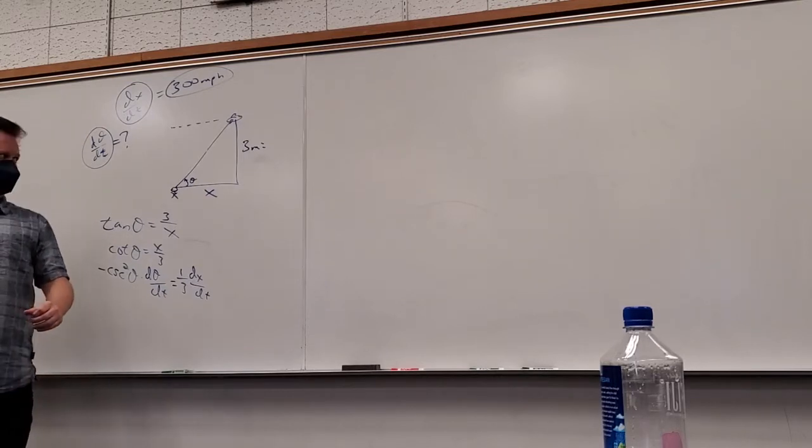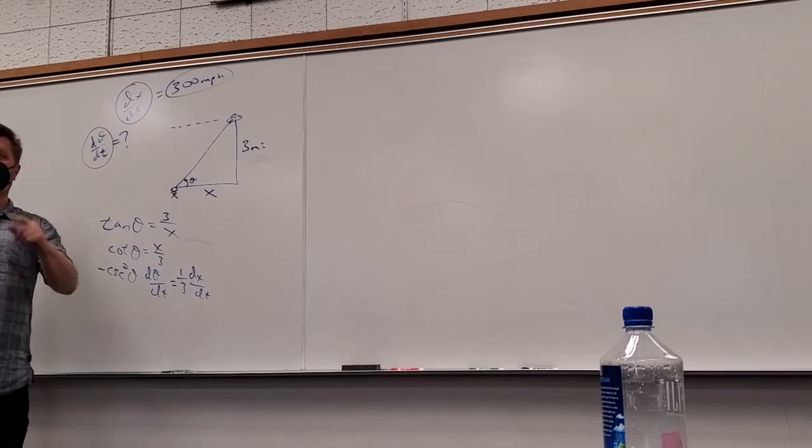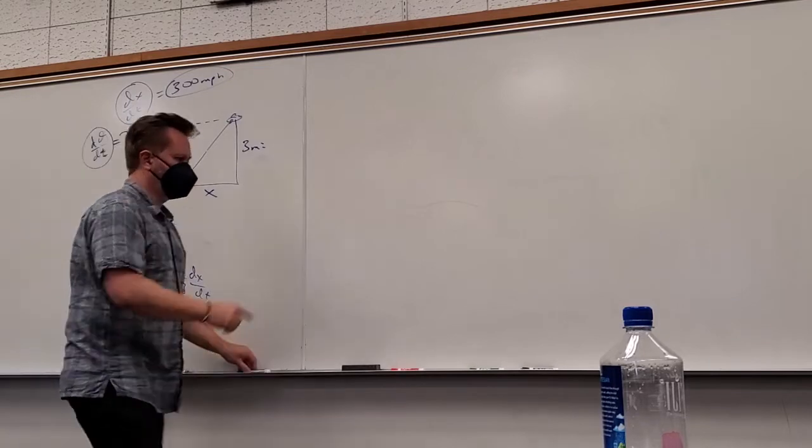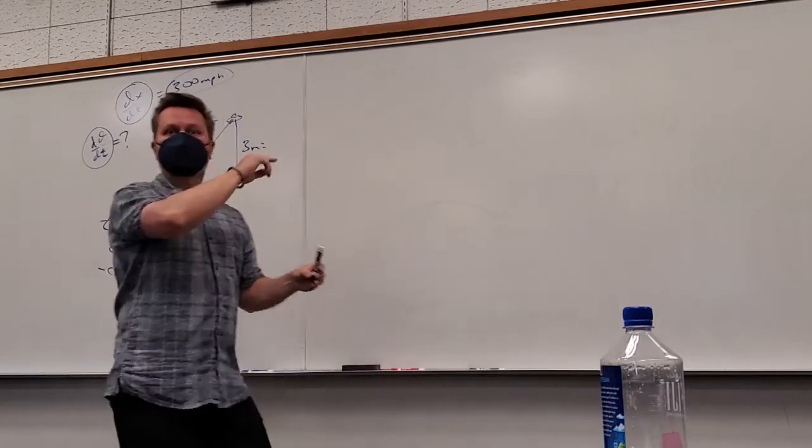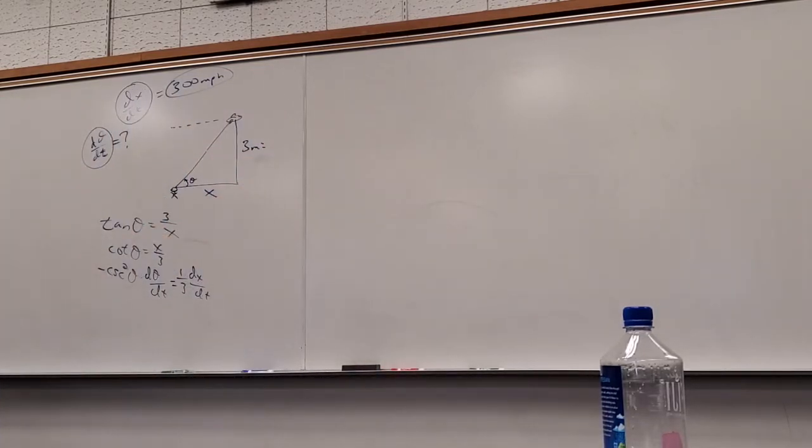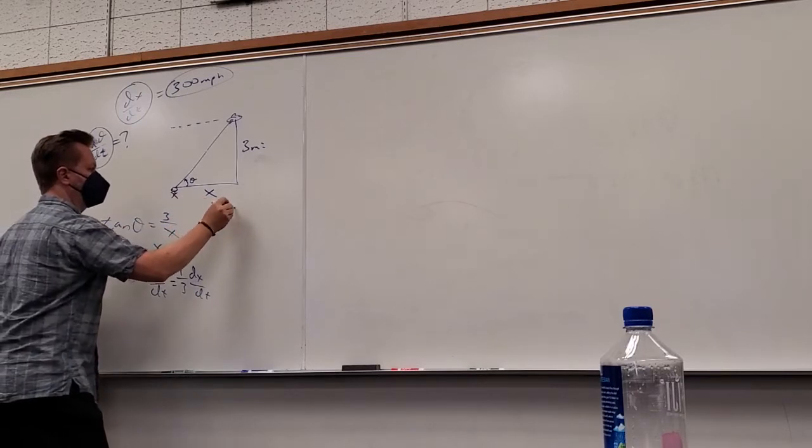Depending on how fast the plane is going, we know how fast the plane's going, so you multiply that by 10. Since it's in miles per hour, you have to change the 10 minutes to hours. So, snapshot.